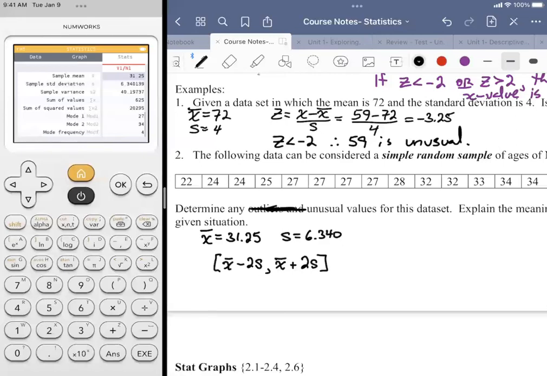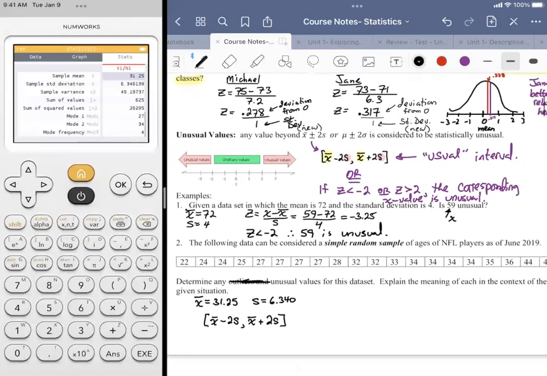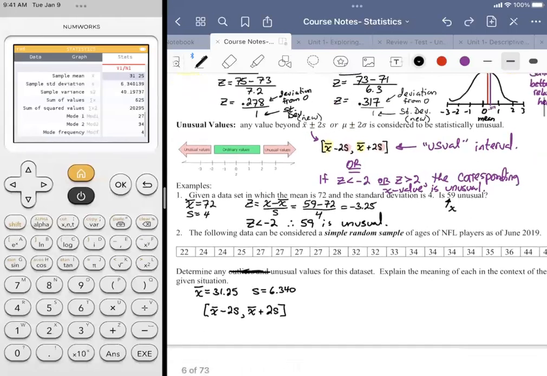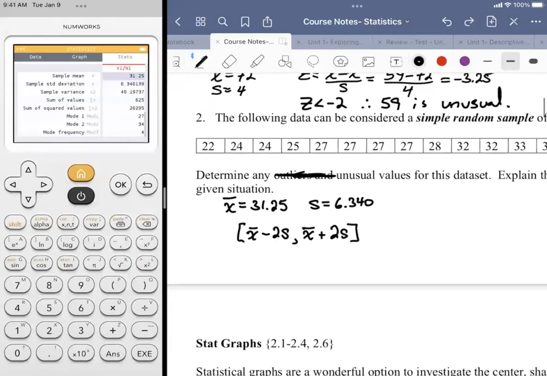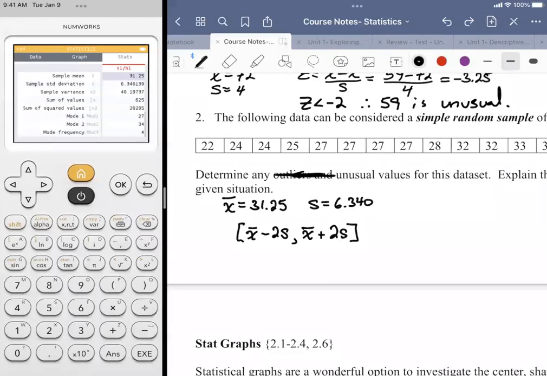Why did you choose to do it with the 2S? Oh, okay, gotcha. Sorry. No, it's all good. Yeah, sometimes it's just a rule, right? But when we get into the probability unit, we'll start to see that a lot of the rules that we learn evolve from certain probability principles.